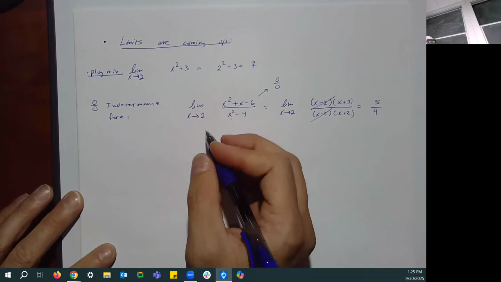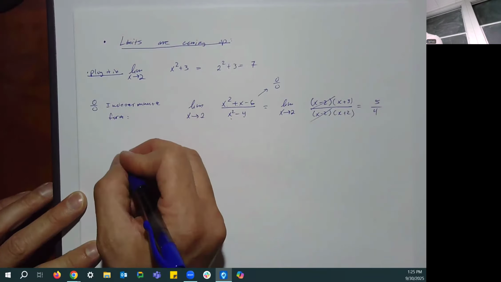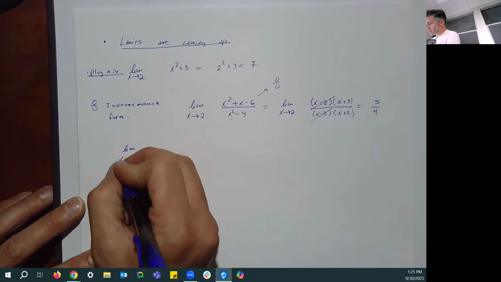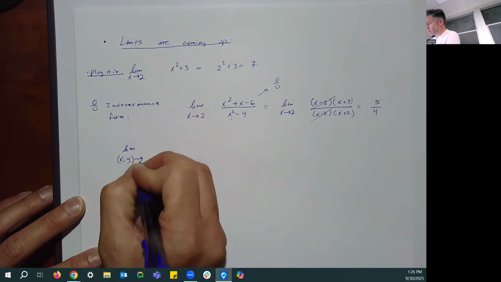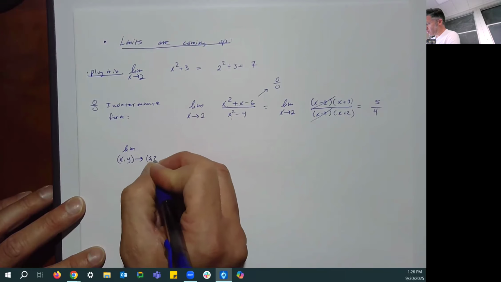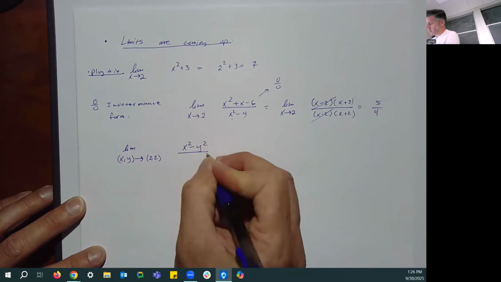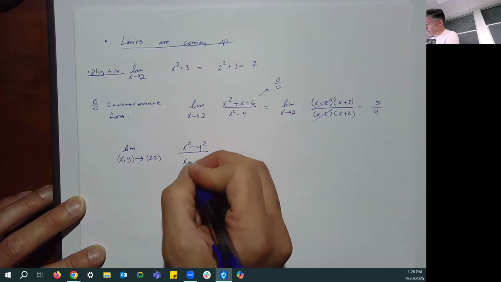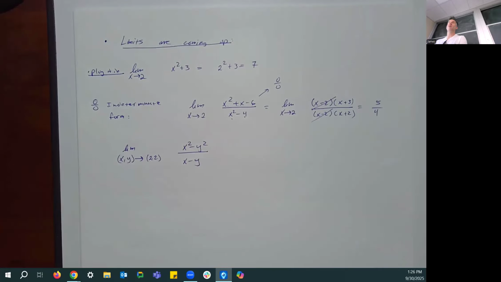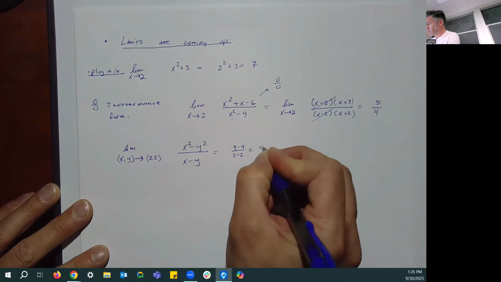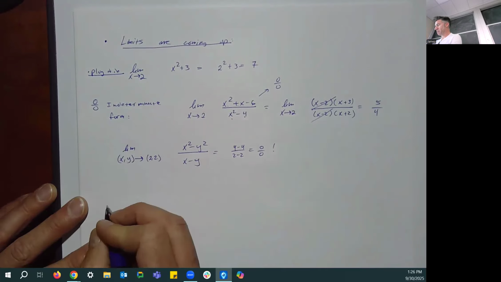Let me show you. For example, if we had the limit as (x, y) approaches (2, 2) of (x squared minus y squared) over (x minus y), that looks bad, right? If I plug in 2 for x and 2 for y, I'm going to get 4 minus 4 over 2 minus 2, which is 0 over 0. What do we do?